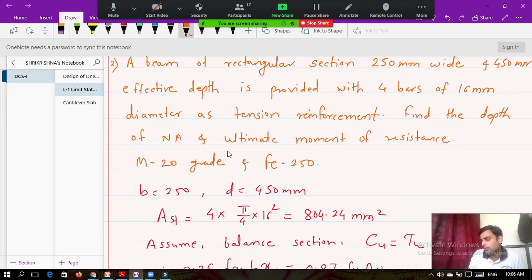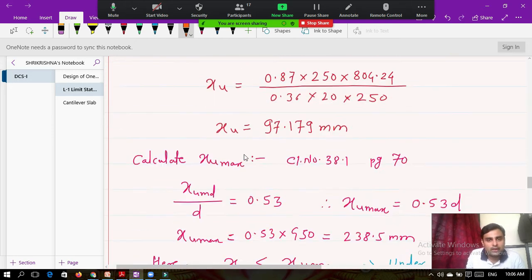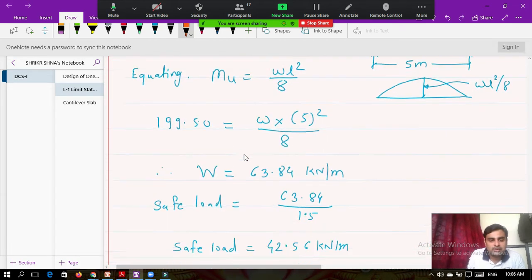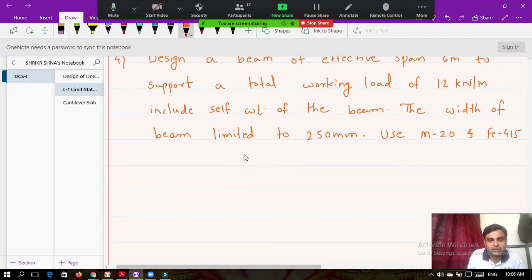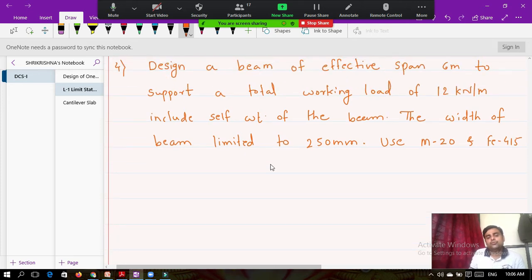Now today we are going to see how to design this singly reinforced section. Design is very easy. For that we need to follow certain design steps, and then the problem is over in no time. Okay, so now we will start to solve the problem.